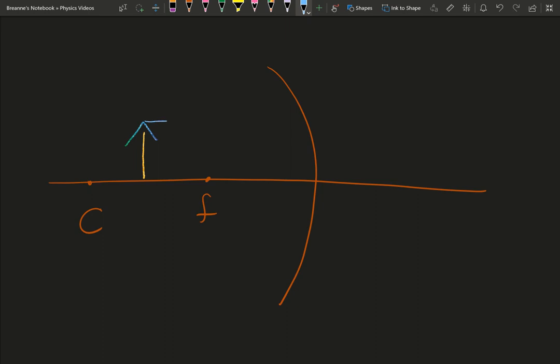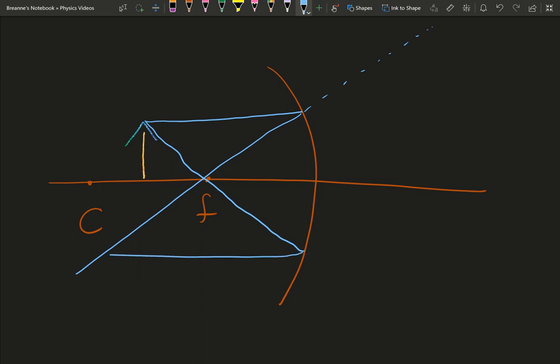So again, you just draw a straight line and a diagonal through the focal point. Then you do a diagonal through the focal point, and then a straight line.